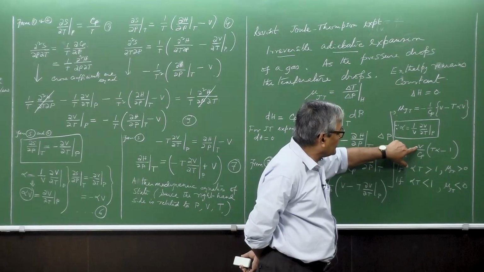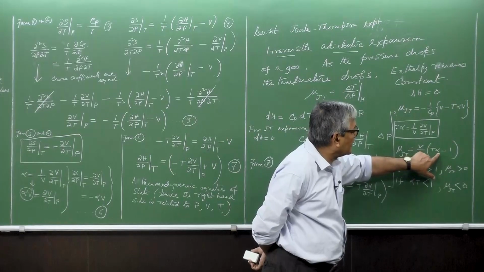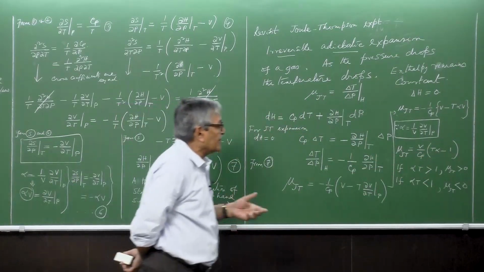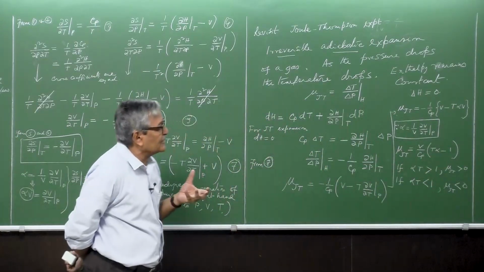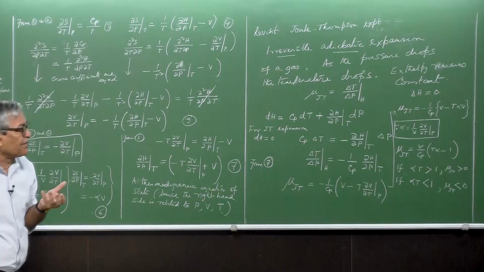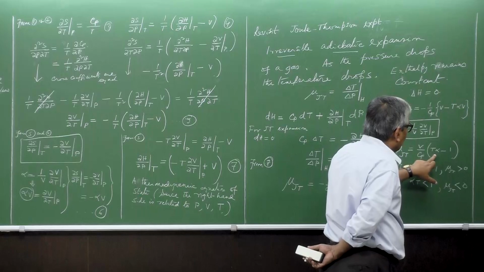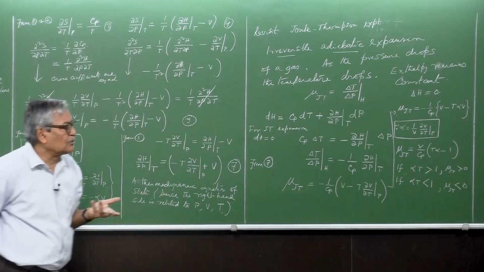Volume is a property, Cp is a property, temperature is a property, and the expansion coefficient of the gas is also another property. The expansion coefficient actually depends on the nature of the gas itself. And so this relation, although extremely general, is applicable mainly to gases because they are easy to handle.